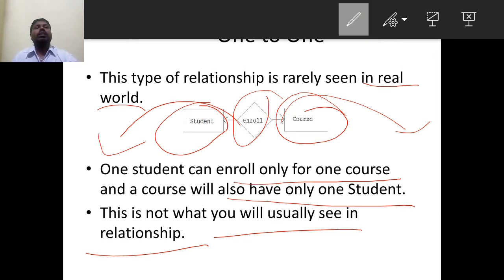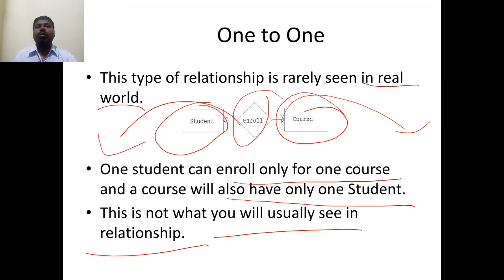So, in a one-to-one relationship, according to this example, a student should enroll for only one course, and the course will also have only one student. In the real world, it does not apply, or we will not usually follow it.